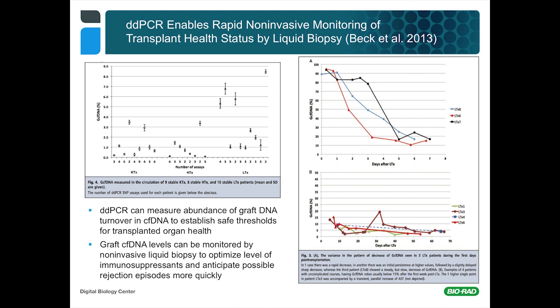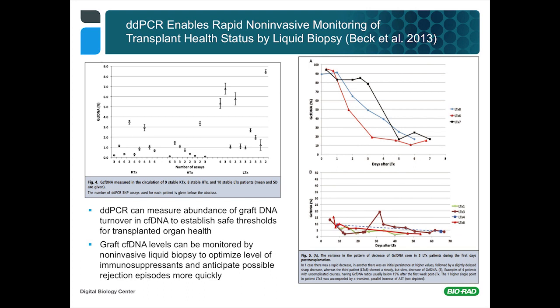So this can be used to try and correct for excessive immunosuppression, use of immunosuppressive drugs, and to respond more quickly to potential rejection incidents and to potentially save an organ that may otherwise be rejected.